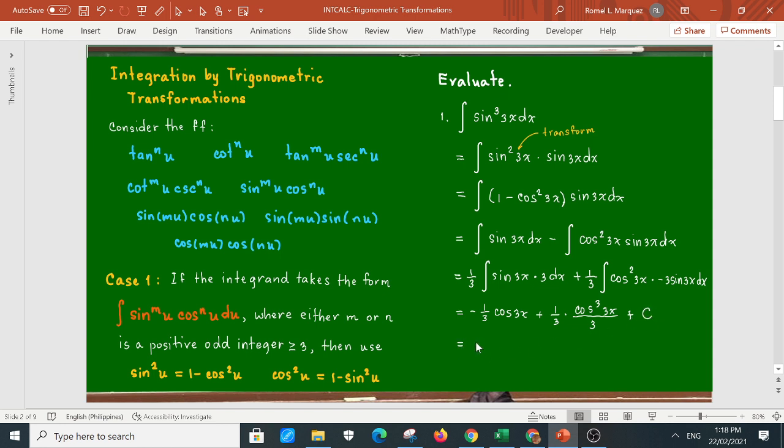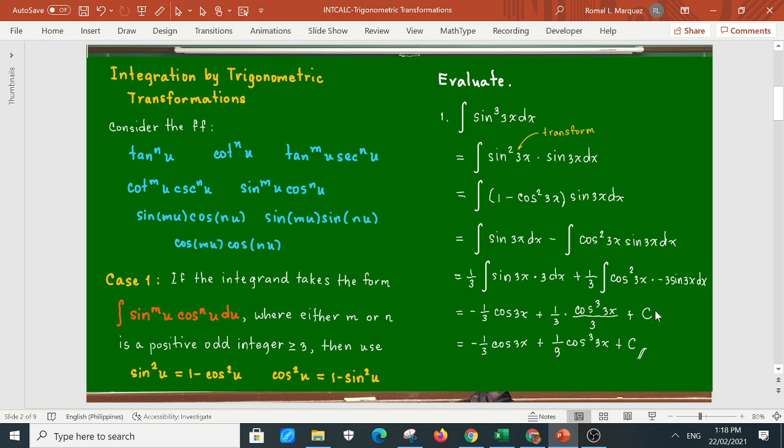So let's simplify the coefficients: -1/3 and then cosine of 3x for the first term. For the second term, we have 1/9 cosine cubed of 3x plus c. That's it. That's the integral.